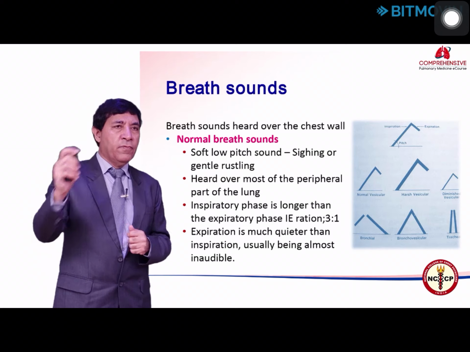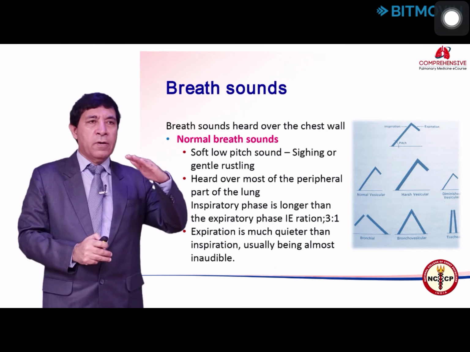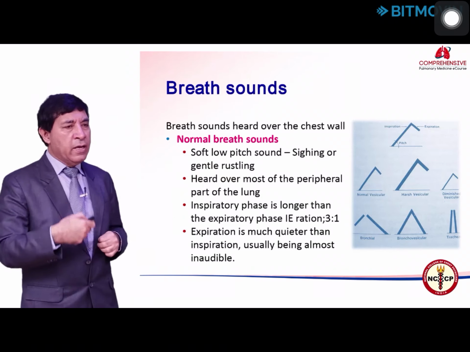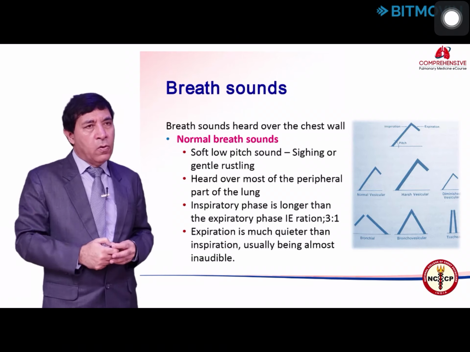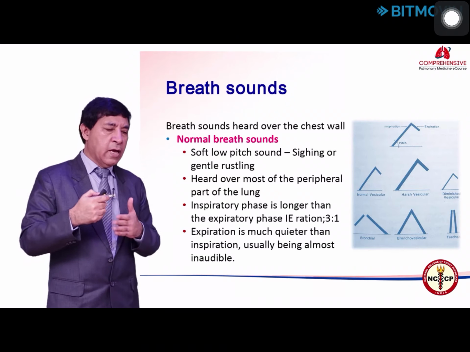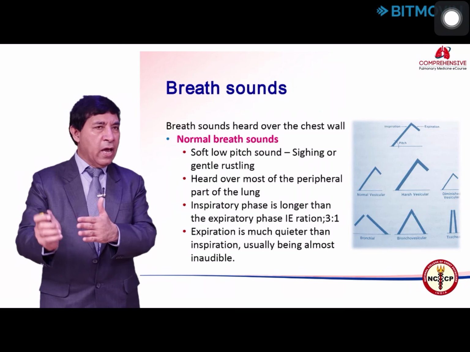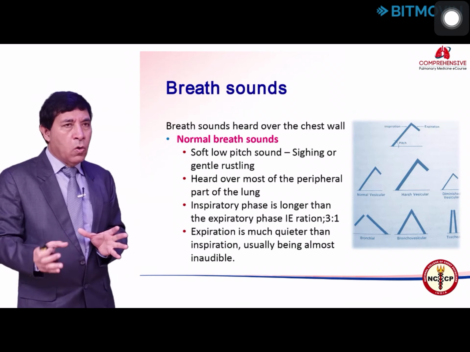In fact, the inspiratory flow remains constant throughout inspiration, so the turbulence almost remains constant, whereas during expiration there is an exponential decline in the flow, with the result that the turbulence level starts waning, and becomes very low during the later part of expiration.